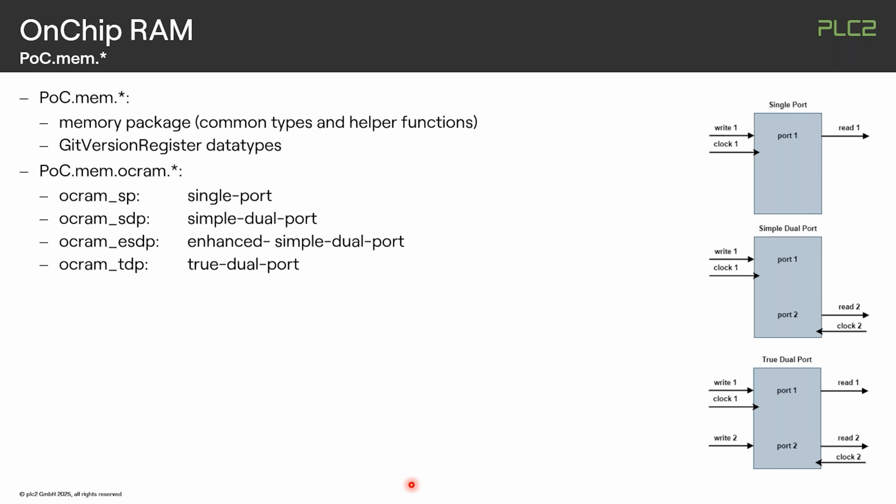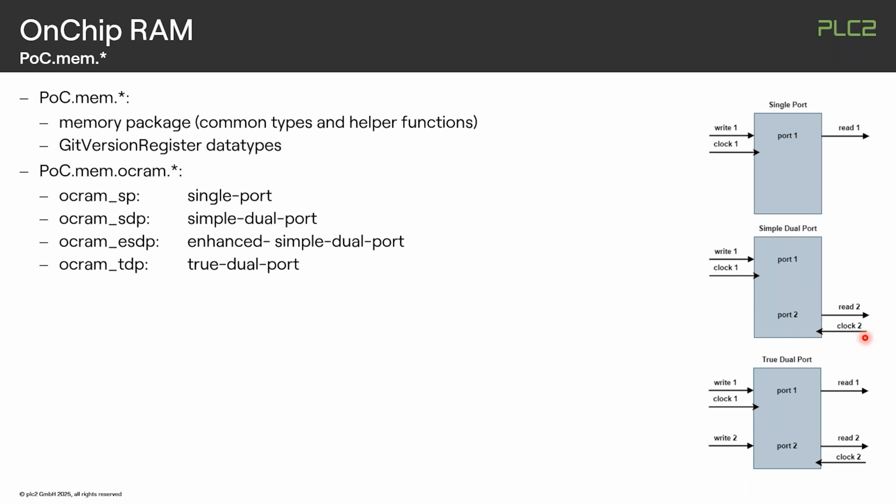On the right hand side, I made some drawings for you. So in a single port, you have one clock, one write and one read interface. It's operating together with a combined address. A simple dual port, that's usually what's used with FIFOs. You're writing on one side with one clock and you're reading on another side with another clock. This is typical for FIFOs or cross-clock FIFOs.